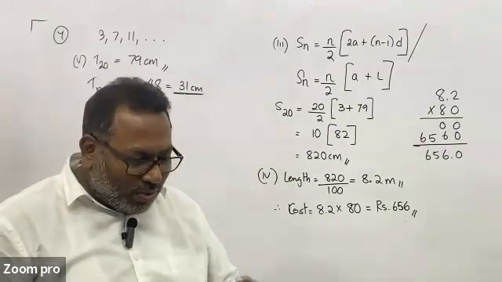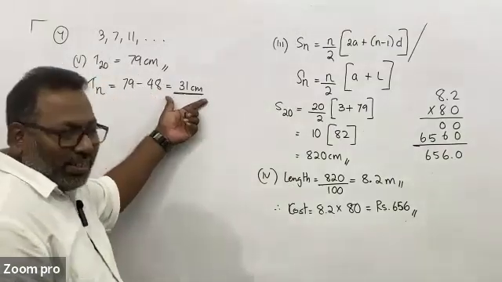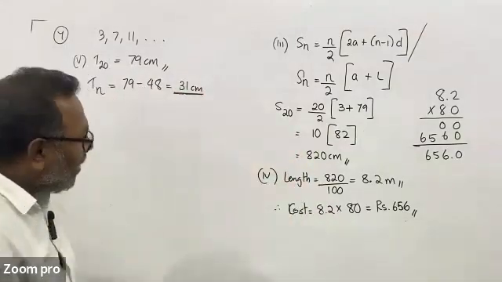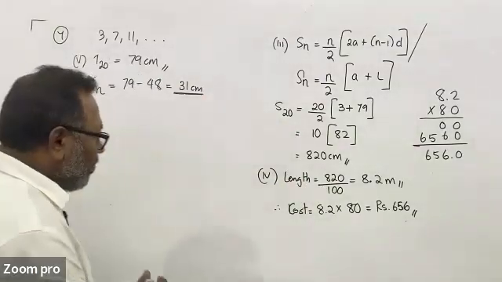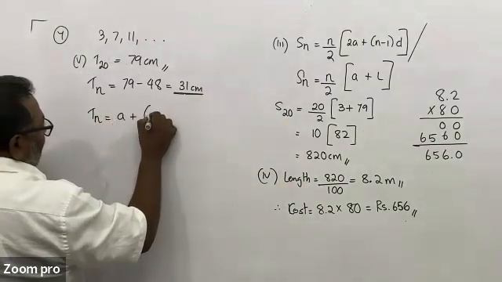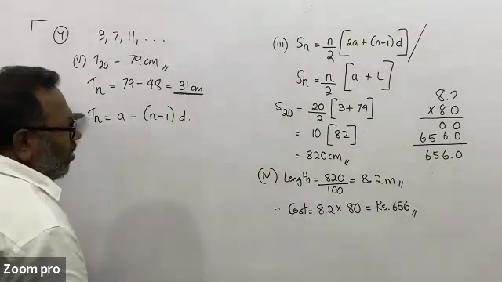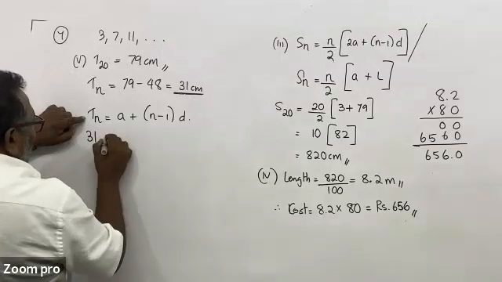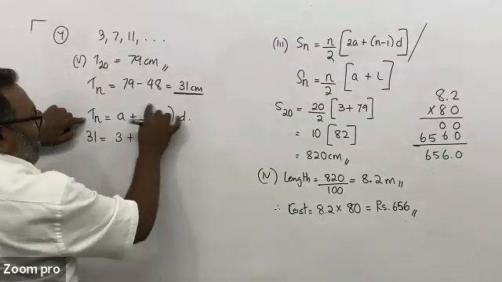So they are asking which piece of ribbon is 31 centimeters in length. You need to find out using the formula Tn is equal to a plus n minus 1 times d. We know 31 is the length of the ribbon, a is 3, and n is what we are trying to find out.